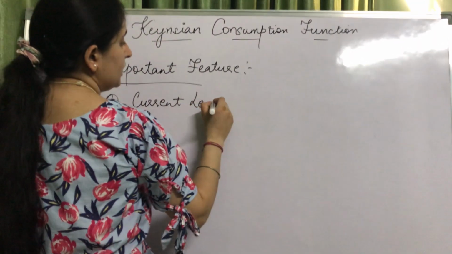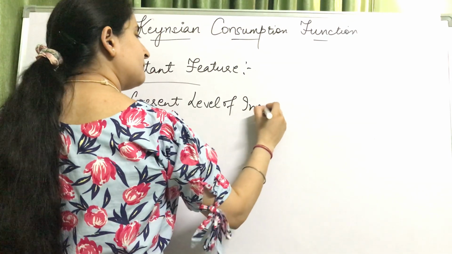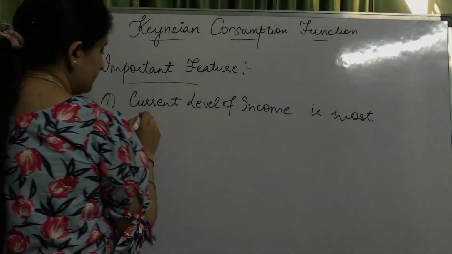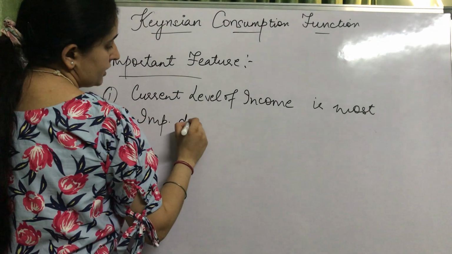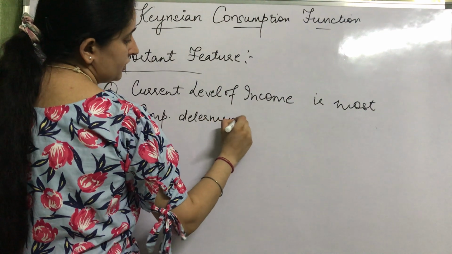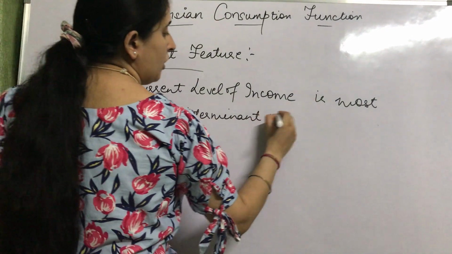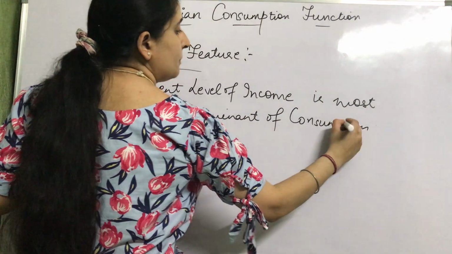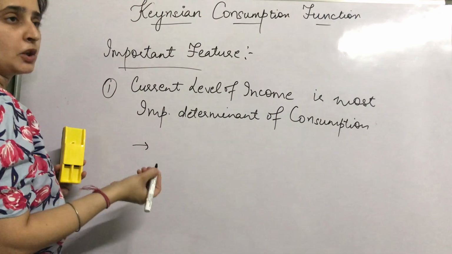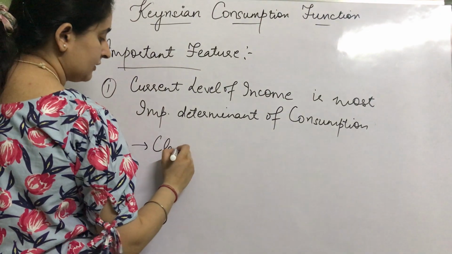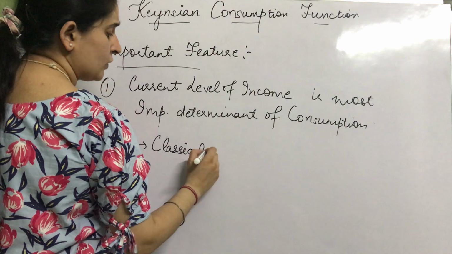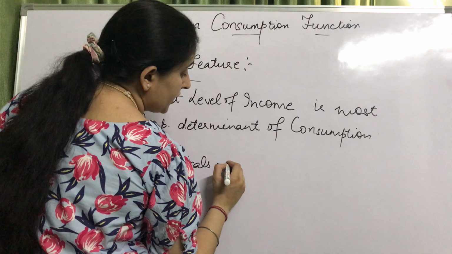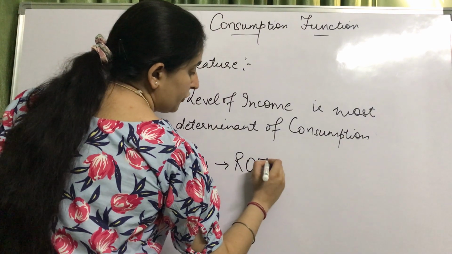That is the current level of income, the most important determinant or factor of consumption. This he said. But there were some other economists known as the classicals. They said that no, this is not the most important determinant. The most important determinant according to them is the rate of interest.